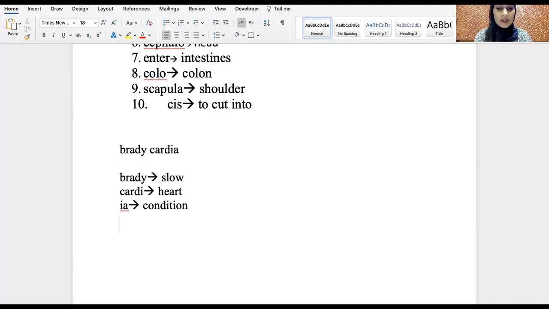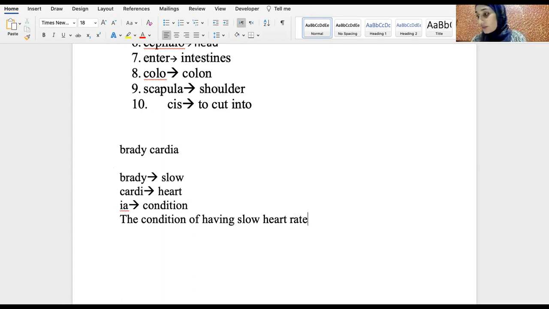So bradycardia means the condition of having slow heart rate.